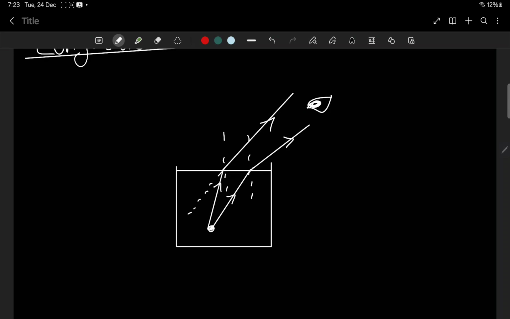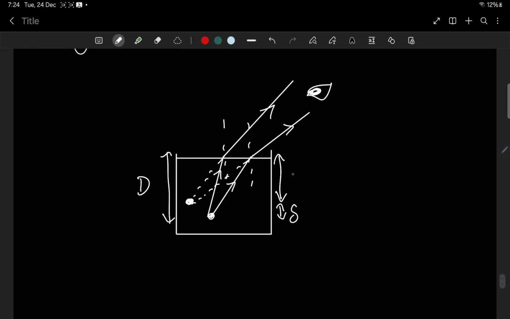Now we will extend this, and we attach it. Look, this thing is erased. Originally the actual depth of the image is d, but there is an apparent shift, that is delta, and now the new depth is the apparent depth. Really the object is seen to be raised, right?